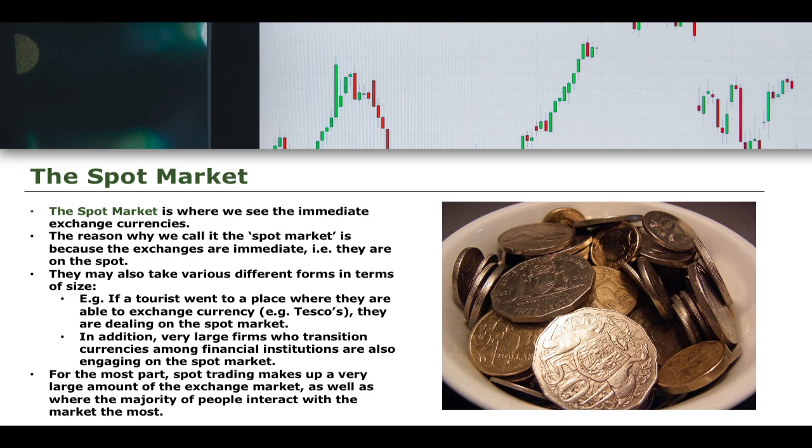And when it comes to the value that is traded, this is also mostly done on spot markets as well. So the bigger firms that transition currencies through financial institutions are also engaging in the spot market, and on a much larger scale, of course.